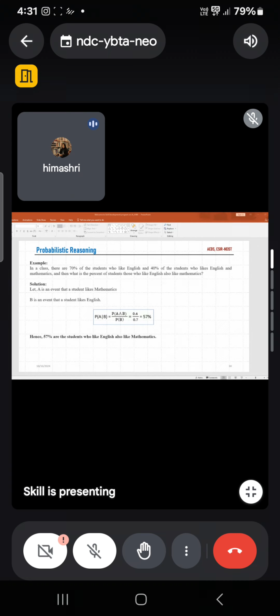Which is going to be divided by the students who like English. So should it be total number of the students divided by the persons who like only English, right, sir?